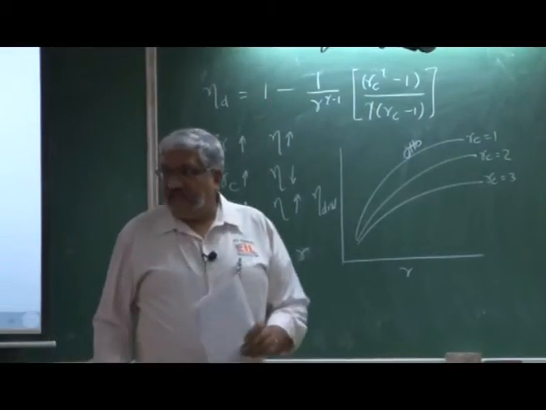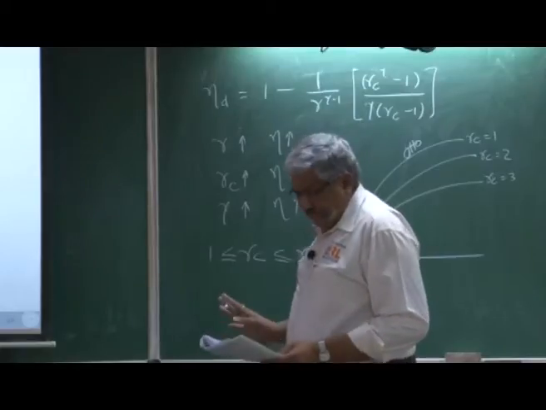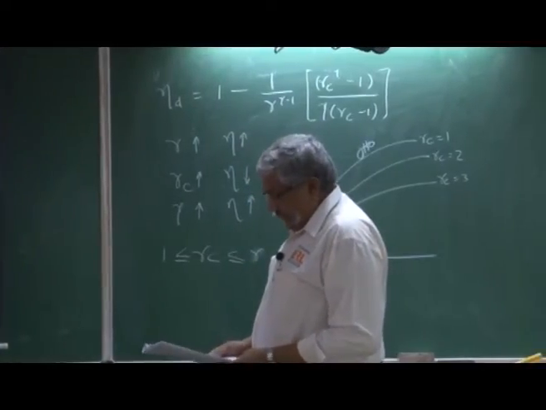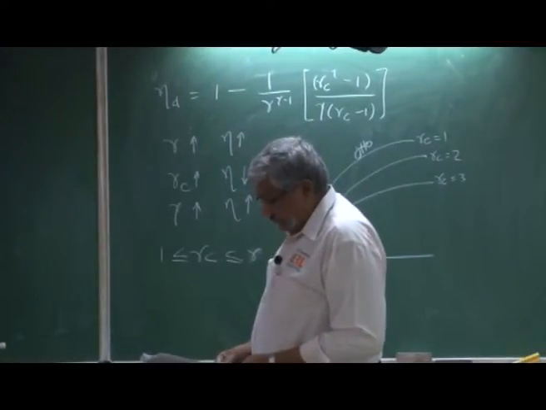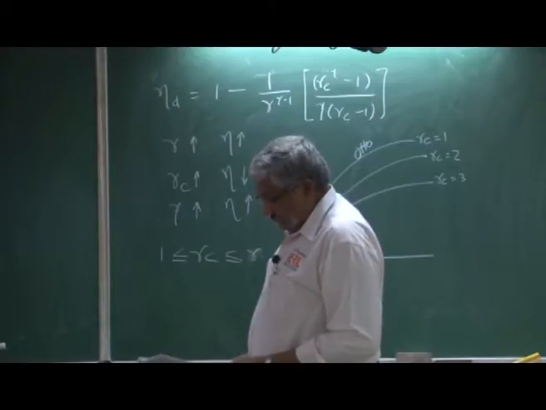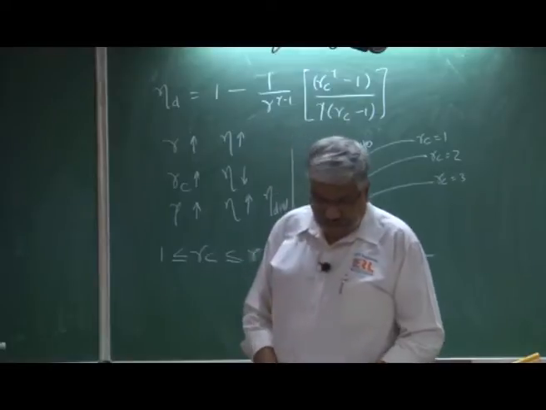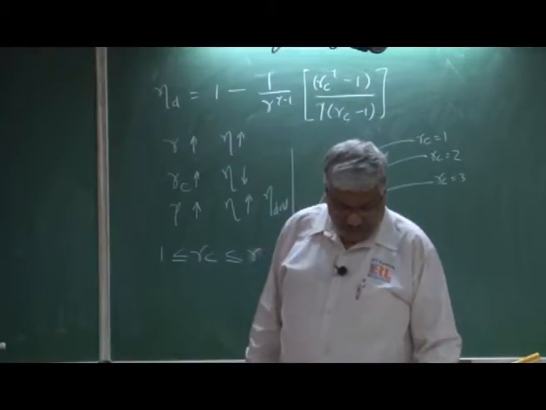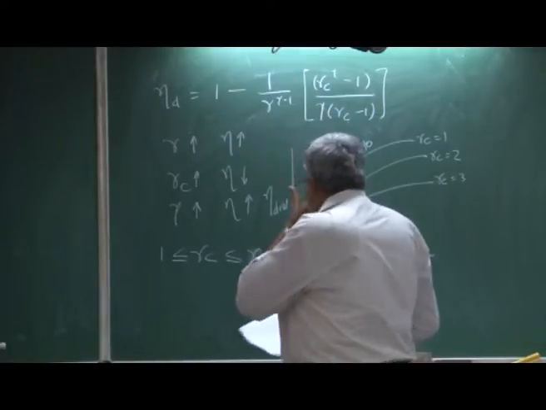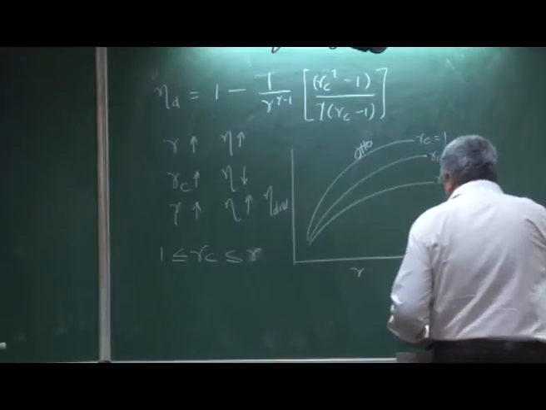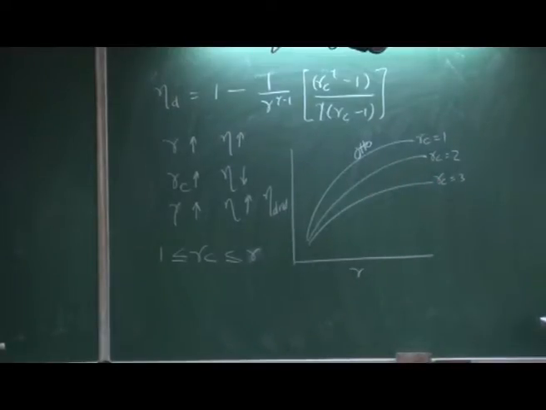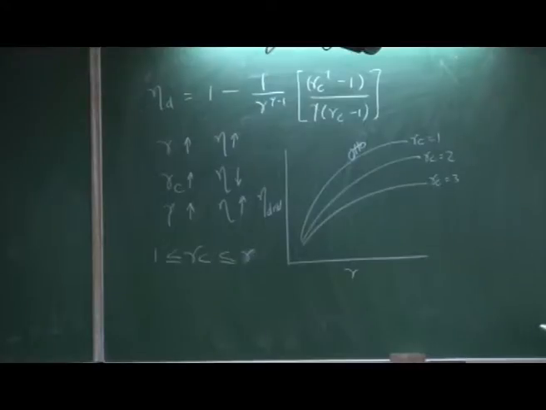So this is theoretically possible, only theoretically speaking this is possible. Okay. Now if you have to find out the net work output from a diesel engine, how will you find out?